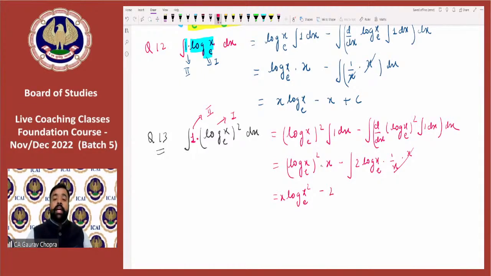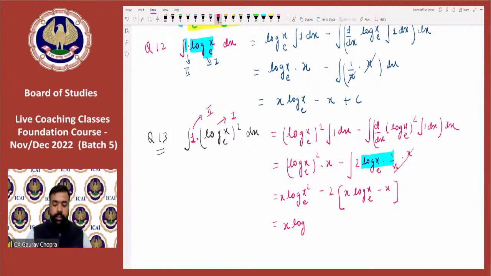So what is left? Here 2 is left. We have kept 2 outside, and we have to integrate log x and 1 again, because log x is left here. Now we did this in the above step, so we can write that result as it is: x log x base e minus x.